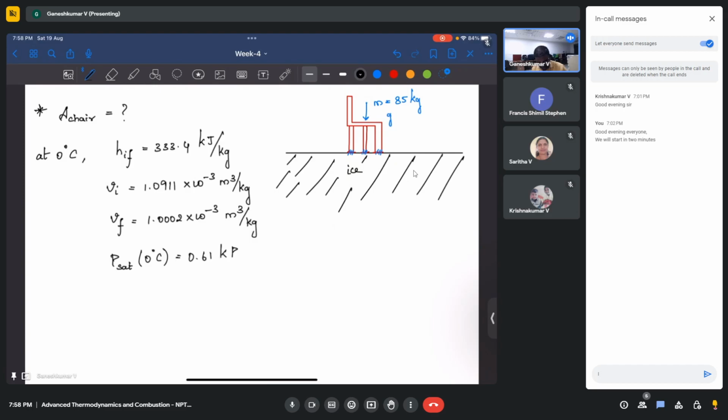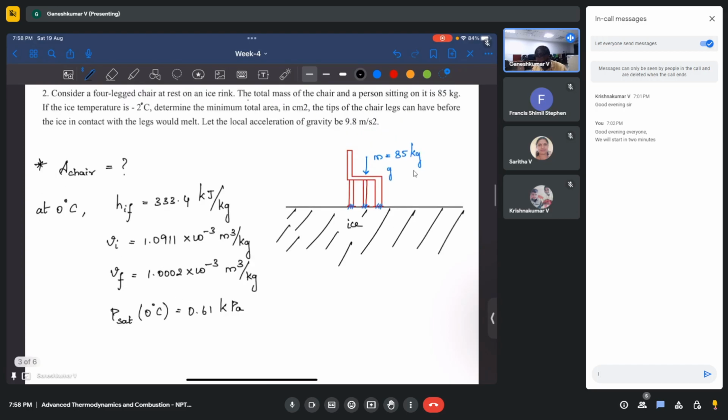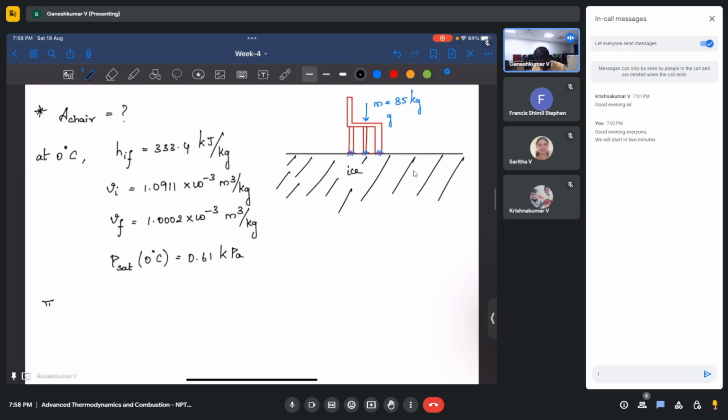So this is the data given. Now the temperature of ice, which is minus 2 degrees Celsius, is around 271.15 Kelvin. So this is 273.15 Kelvin or 273 Kelvin, whichever is convenient for you.